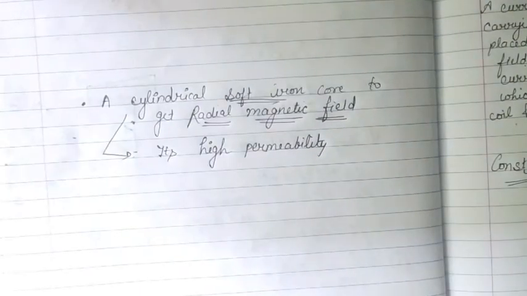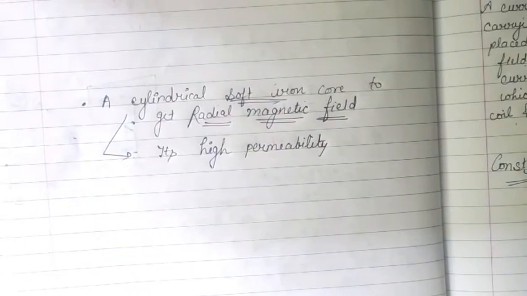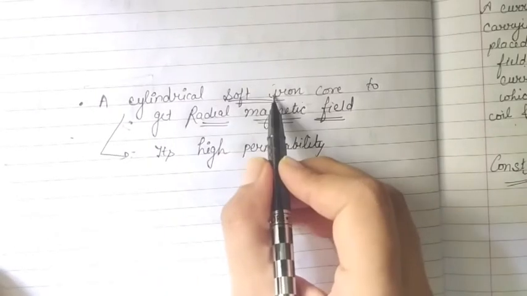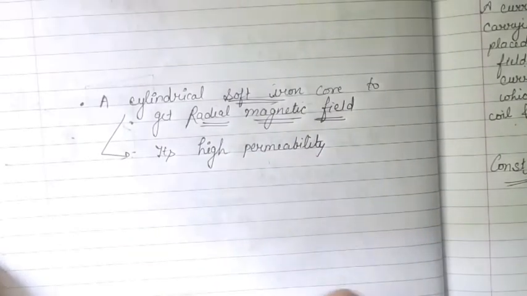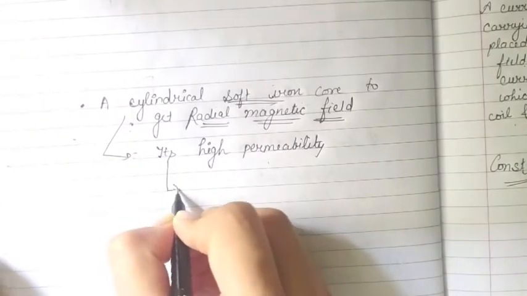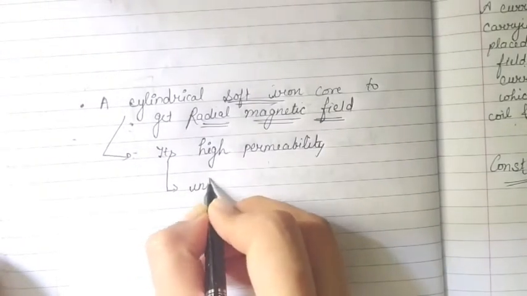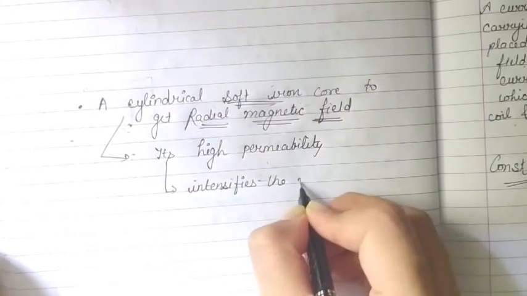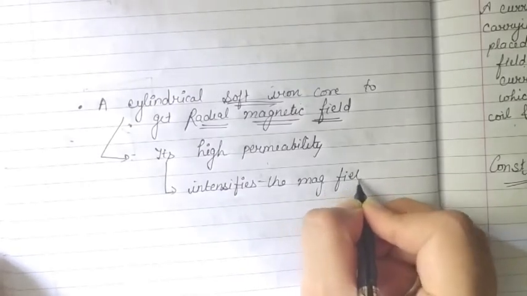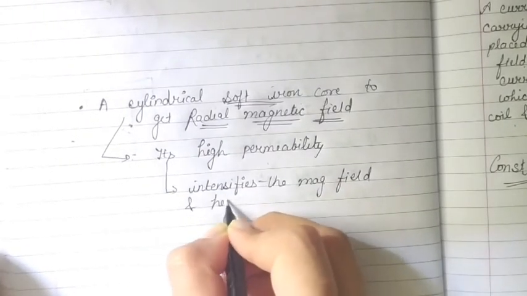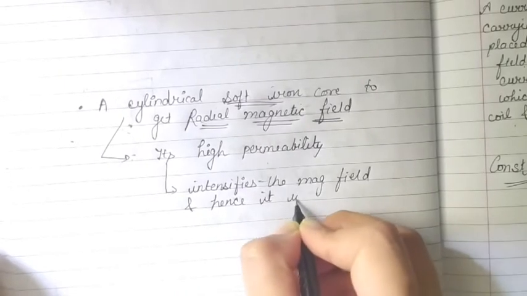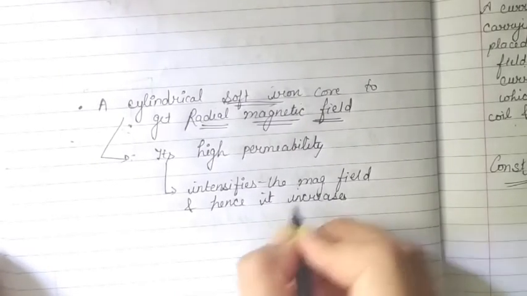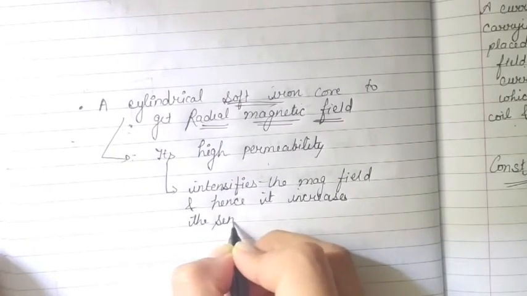By using soft iron core, which is highly permeable, we can intensify the magnetic field, and because of that the sensitivity of the galvanometer increases.